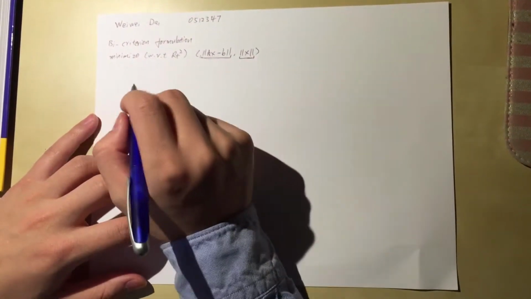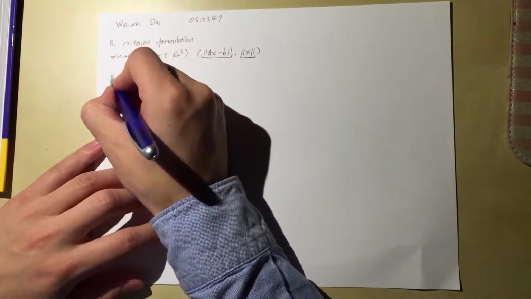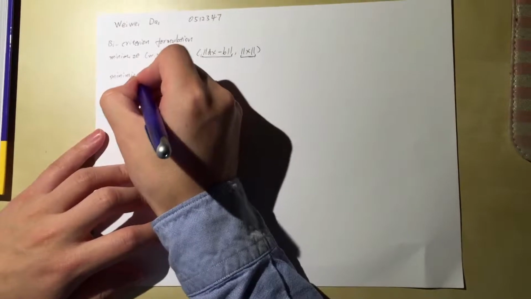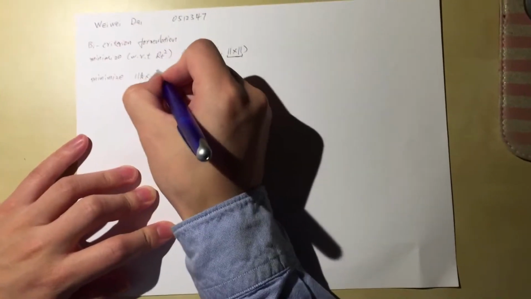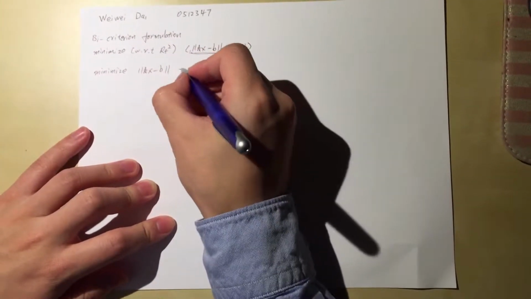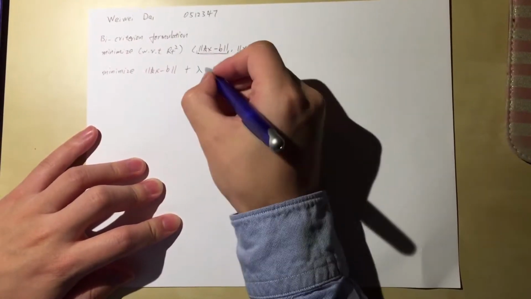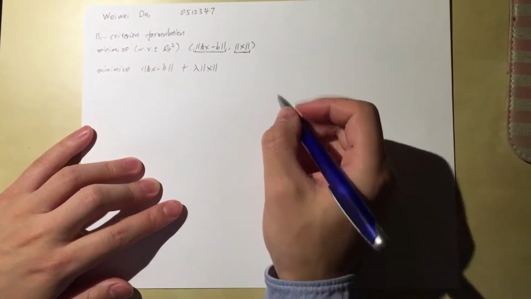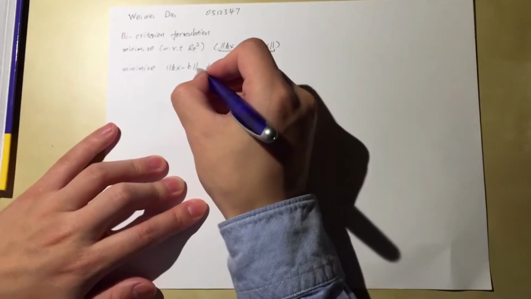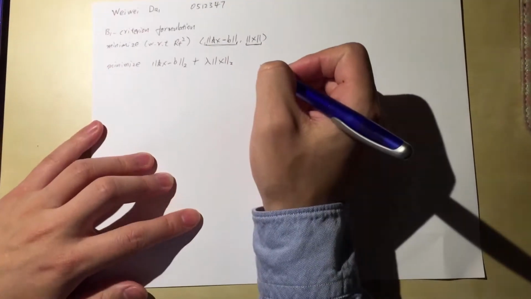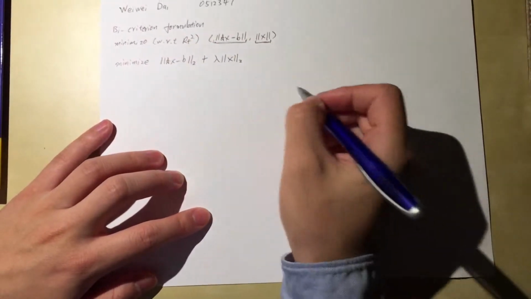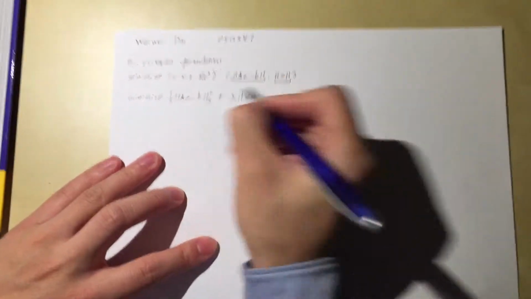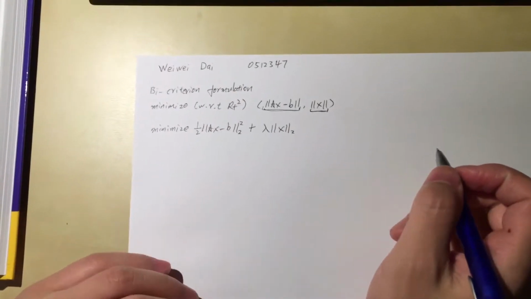First of all, we can write it as an optimization problem to minimize Ax minus b plus lambda times x, and for simplicity we just use the L2 norm, and in order to make the computation efficient, we write it as this one. This won't change the results.